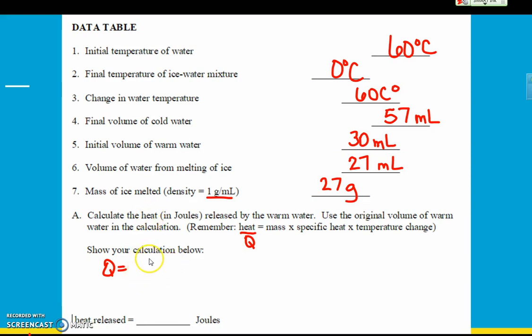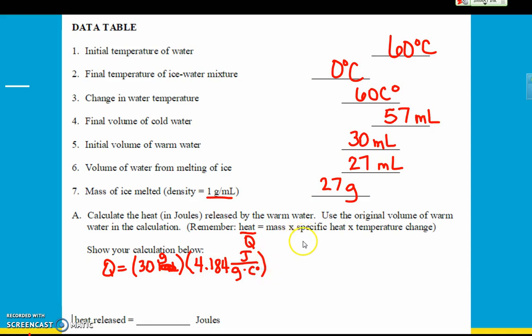So we have the warm water, which was 30 milliliters. And actually, we know that was also 30 grams. So let's put a G in here. And then we have our C value, which is 4.184. And those units are joules over grams times Celsius degrees.